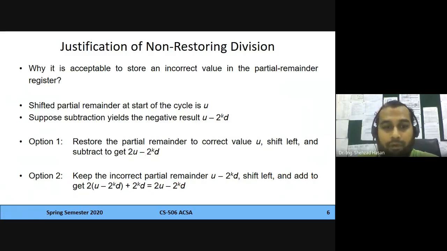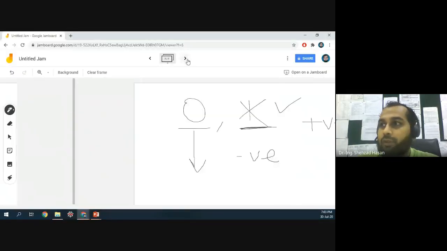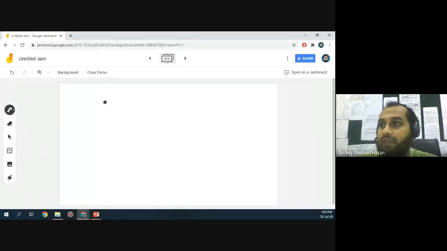Okay, so I'm going to do that once more. What I'm trying to say is, if you have a partial remainder u at any step, and you are doing a trial subtraction, and the result went wrong, you restore it back to u.